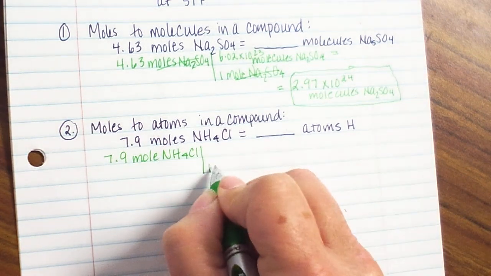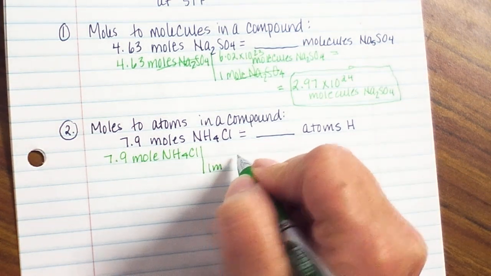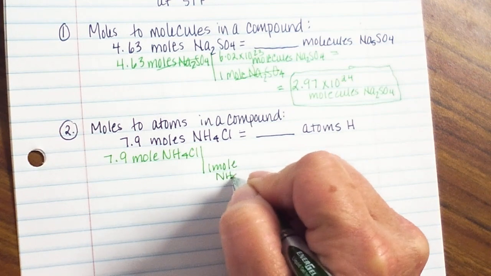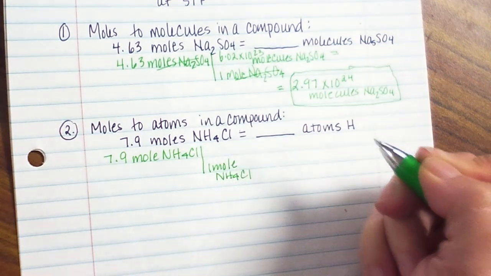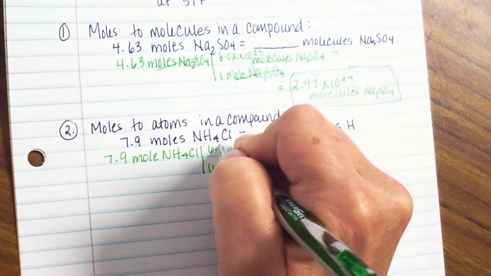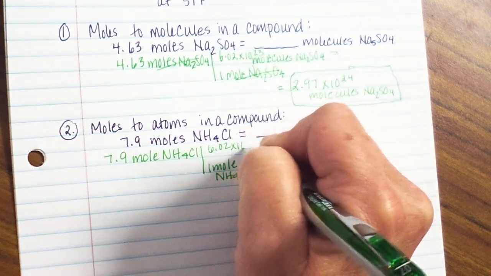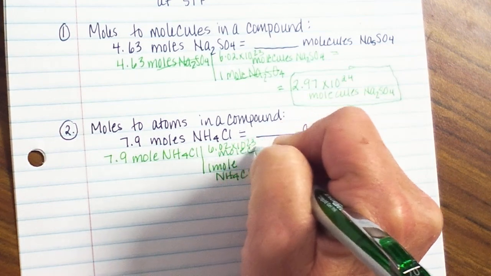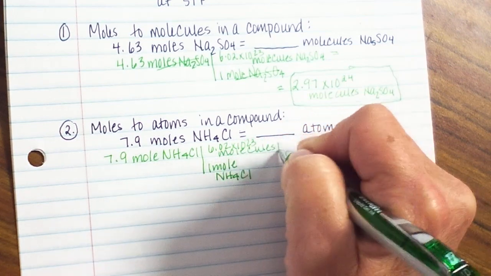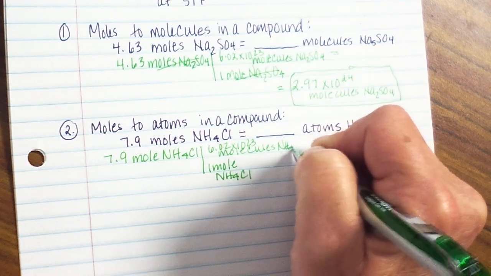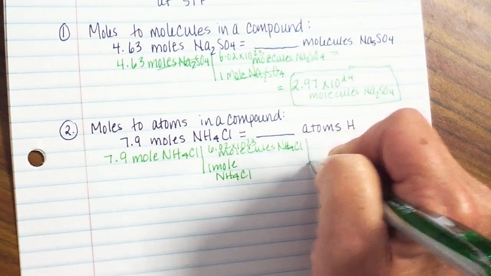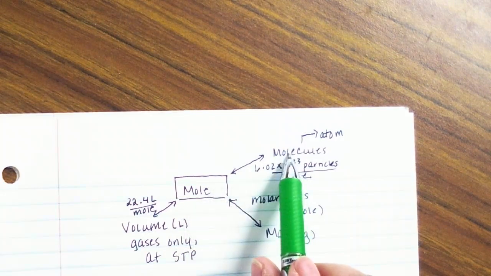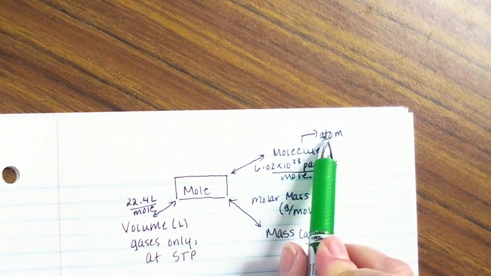And I'm going to say 1 mole of NH4Cl is equal to 6.02 times 10 to the 23rd molecules of NH4Cl. So what I'm doing is going from moles to molecules, and then from molecules to atoms.